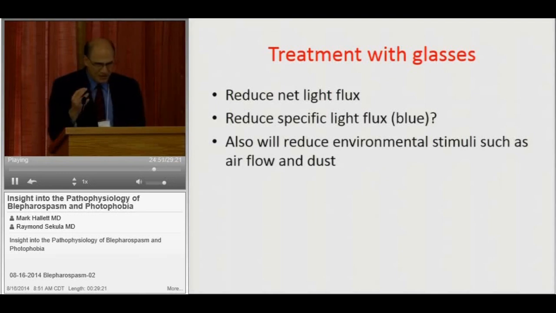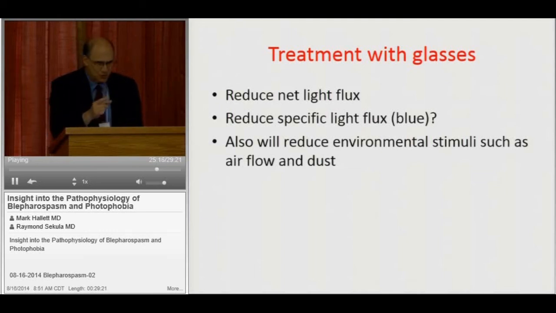There's a question, which we'll get into in a moment, about reducing a specific color of light, and the issue there is specifically blue light. If you block blue light, will that be helpful? And the blocking of blue light seems to make sense in relation to the melanopsin cells that we're talking about that seem to respond specifically in the blue wavelength.